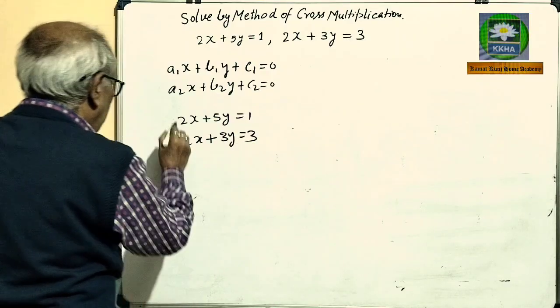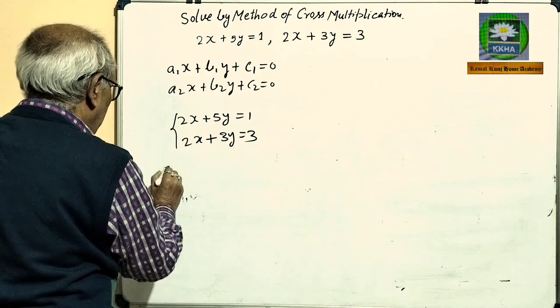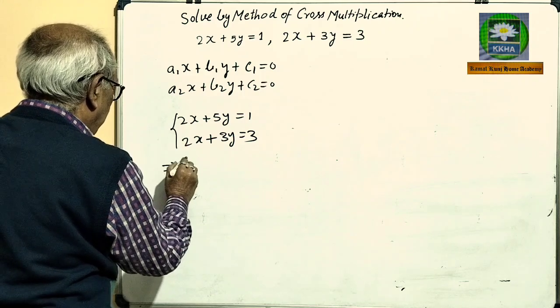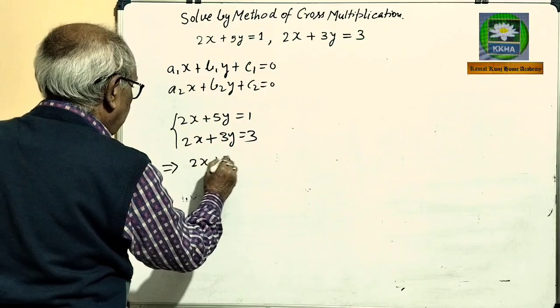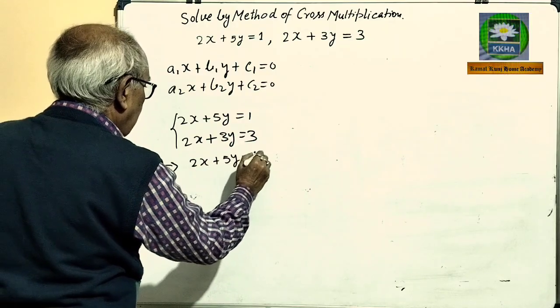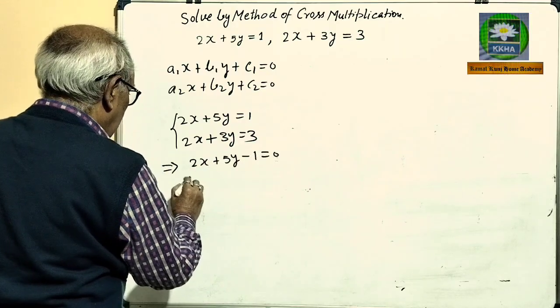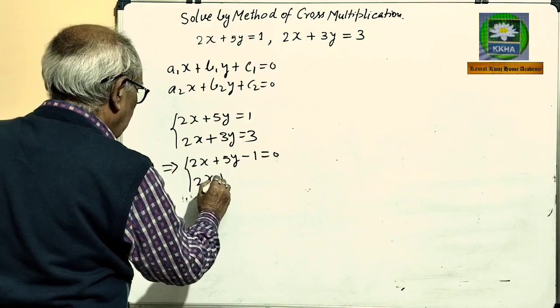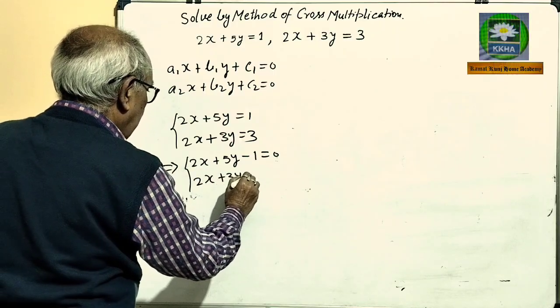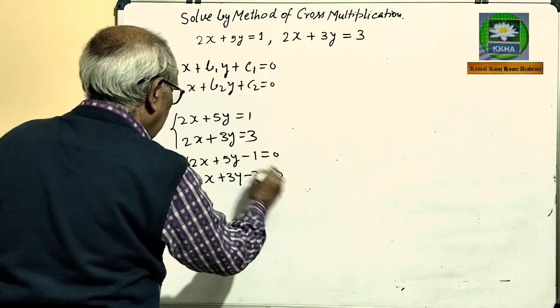This can be written as 2x plus 5y minus 1 equal to 0 and 2x plus 3y minus 3 equal to 0.